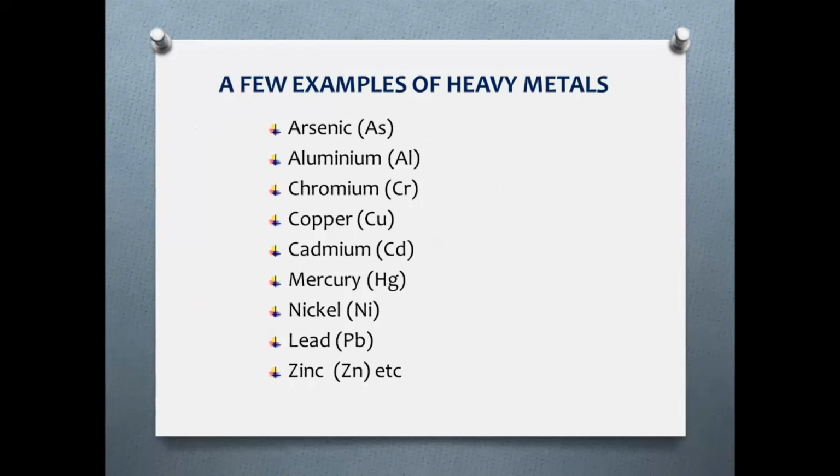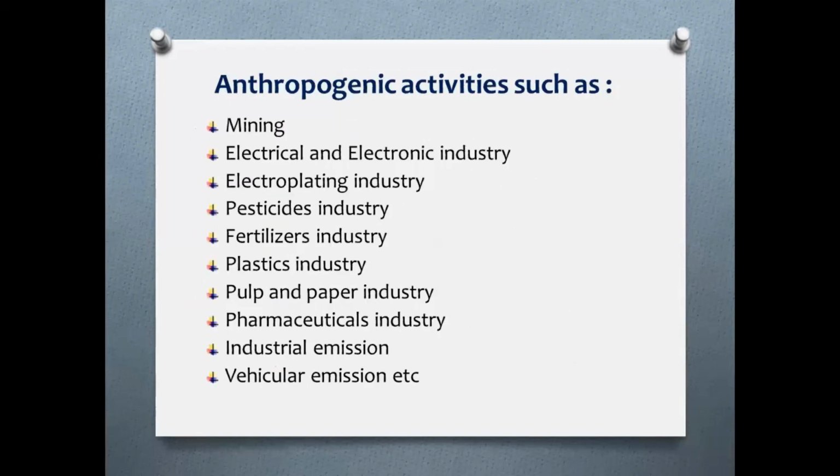Few examples of heavy metals are arsenic, aluminum, chromium, copper, cadmium, mercury, nickel, lead, and zinc. On the contrary, with modernization, industrialization, and advancement of human civilization over the past decades, there are various anthropogenic activities such as mining and the presence of electrical and electronic industries, electroplating industries, pesticides industries, fertilizers industries, plastic industries, pulp and paper, pharmaceutical industries, industrial emissions, vehicular emissions, to name a few.